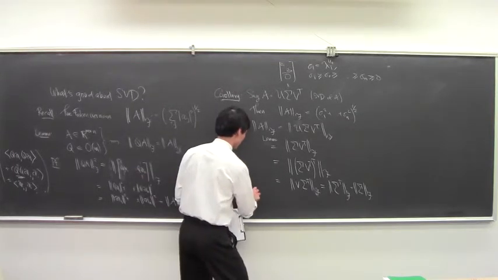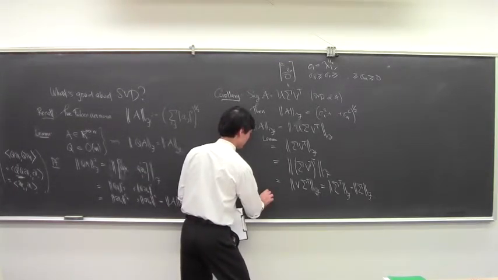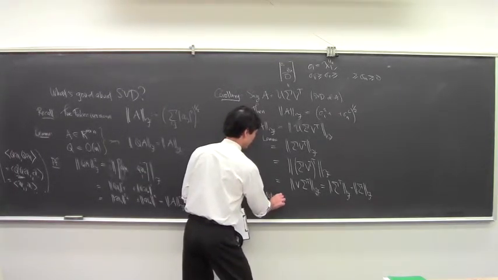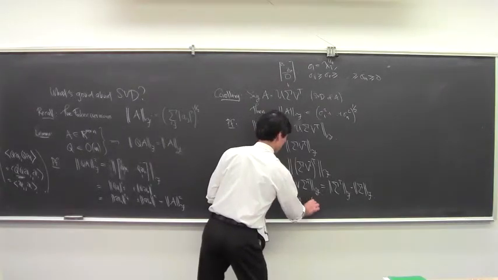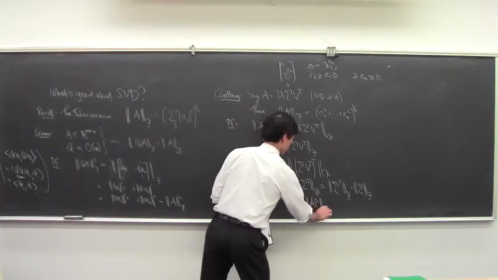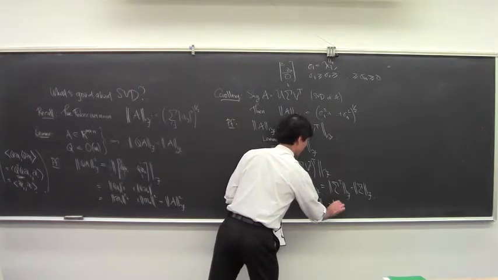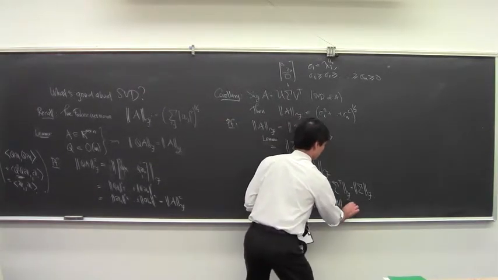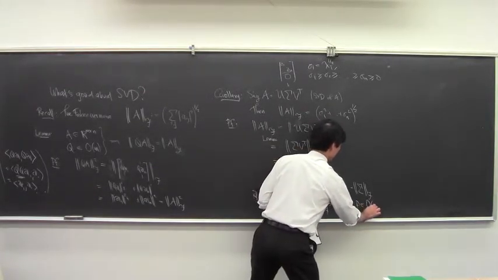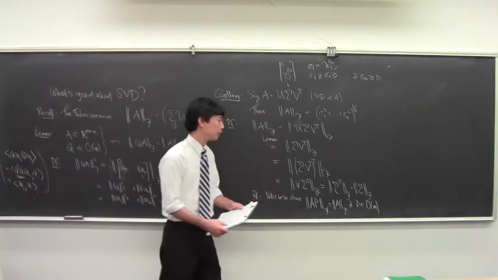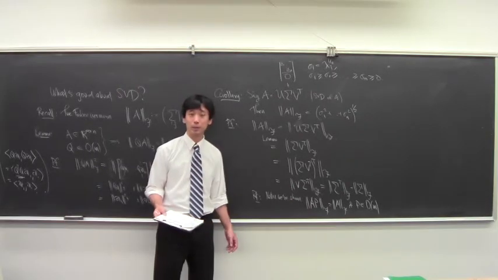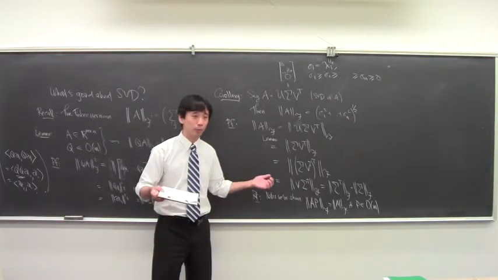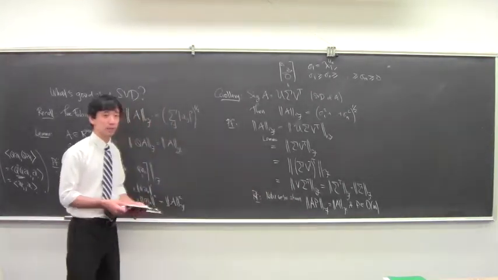So I should remark that. Notice we've shown that you can right multiply by an orthogonal matrix, and that won't change the Frobenius norm either. So left or right multiplication by orthogonal matrices doesn't change the Frobenius norm.